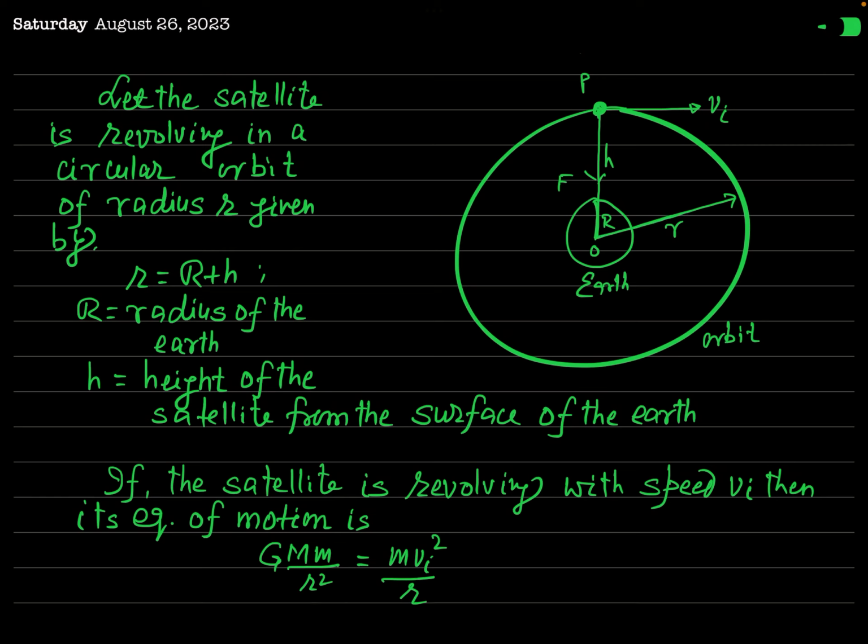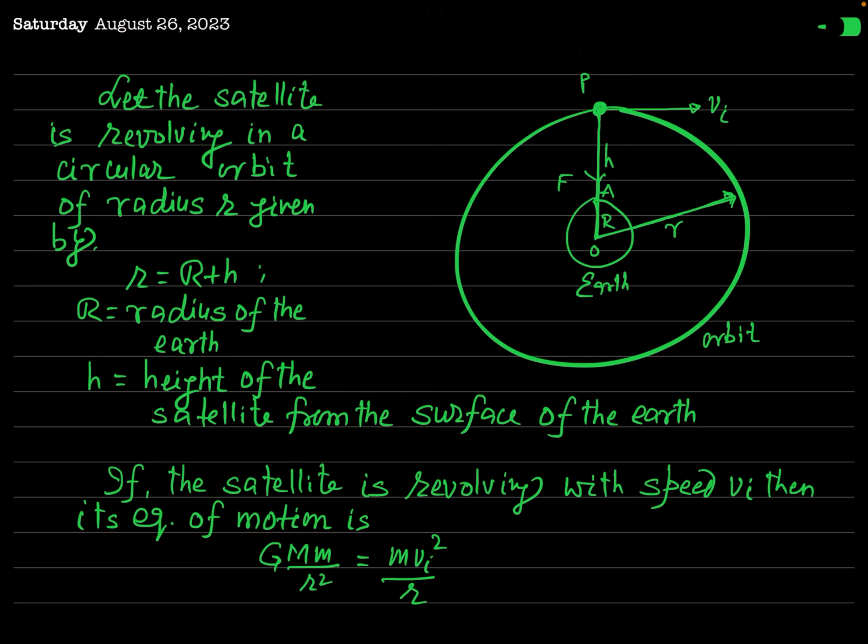And the radius of this circular orbit of the geostationary satellite is a small r. And I have assumed that this point A is at the surface of the earth on the equator, in the equatorial plane, and from A the height of this satellite, which is at point P, is equal to h. Okay.